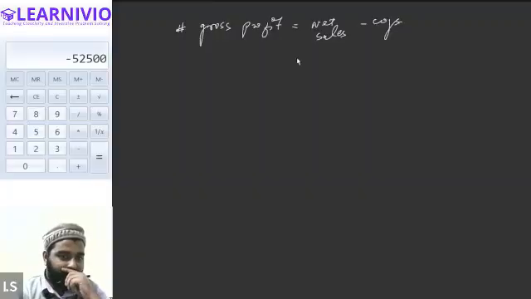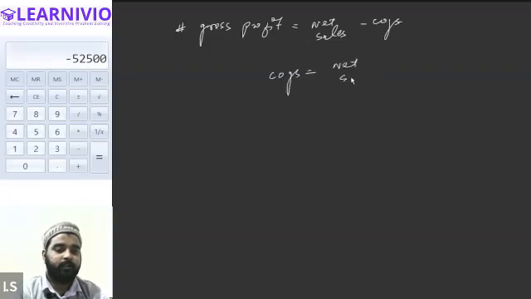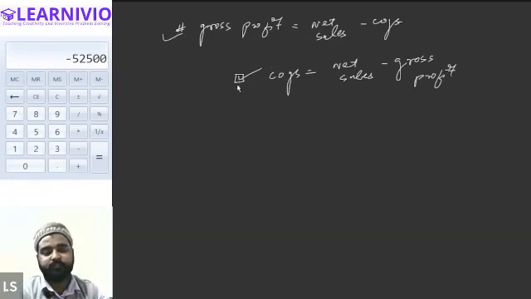So we can say that in order to find out the value of cost of goods sold, net sales reduced by gross profit will give us the cost of goods sold. Is it clear? Both the formulas are the same. To find the gross profit, we reduce COGS from net sales, and to find the COGS, we reduce the gross profit from net sales.